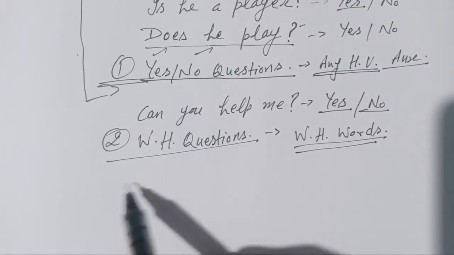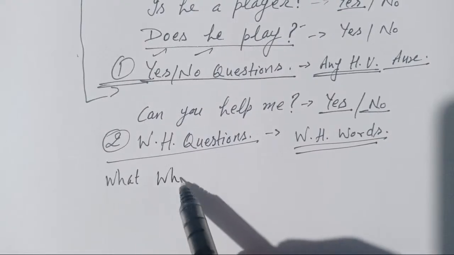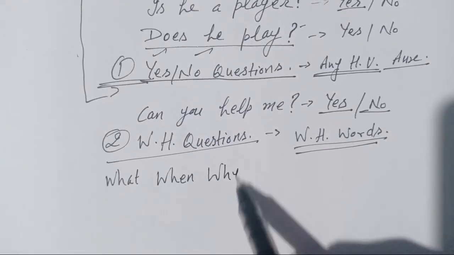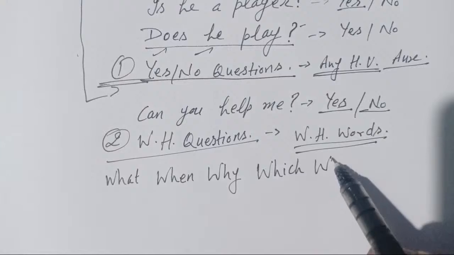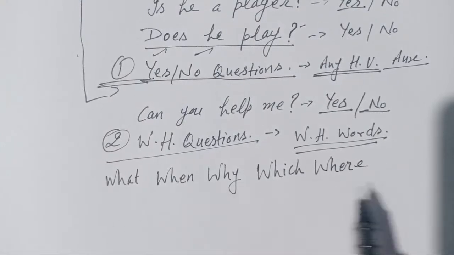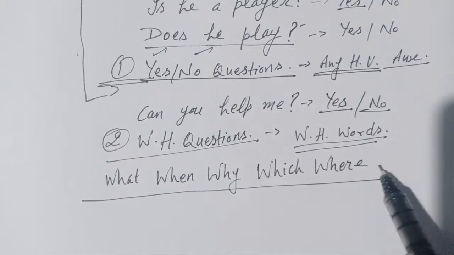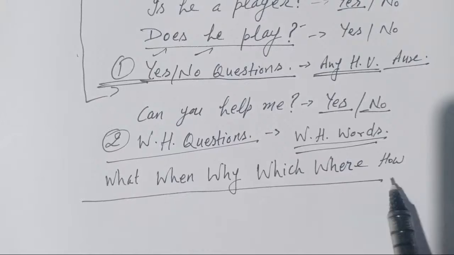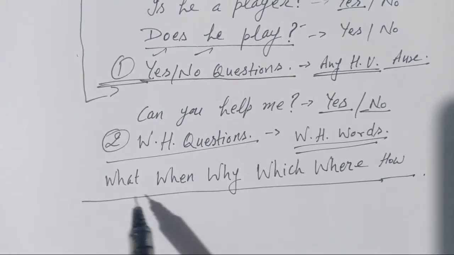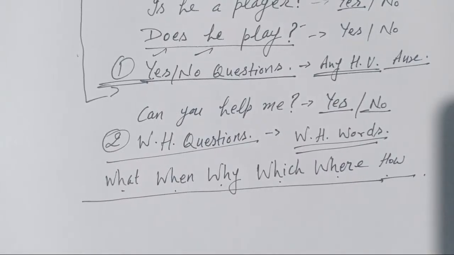WH words are, just as, what, when, why, which, where, who, whose, whom, these type of words. One more is how. So these type of words are known as WH words, and when our question starts with these words, that question is known as a WH question.